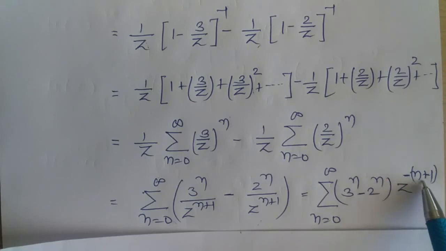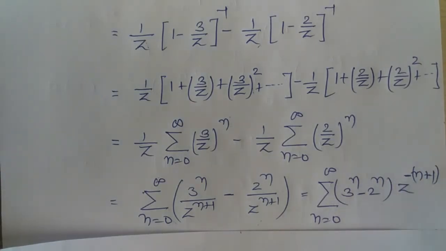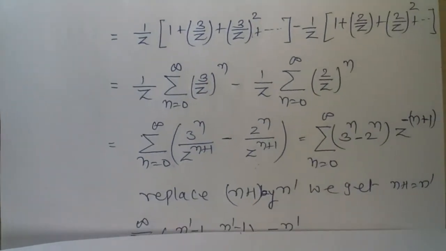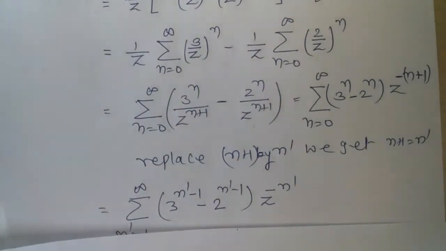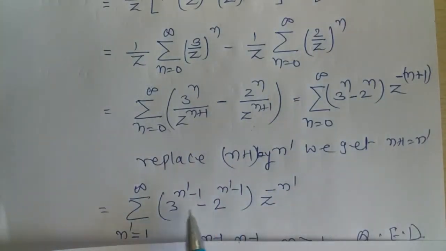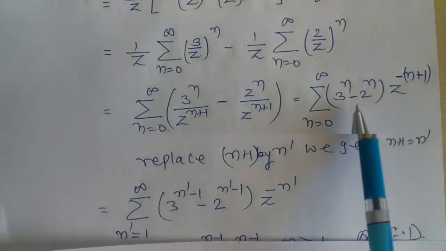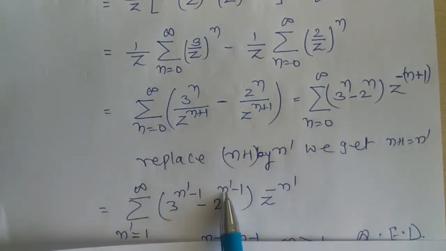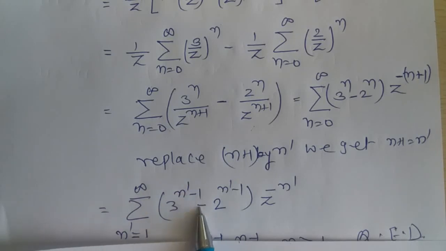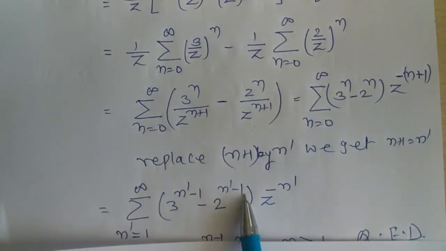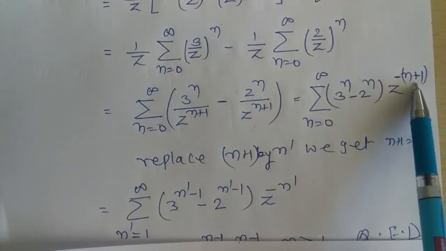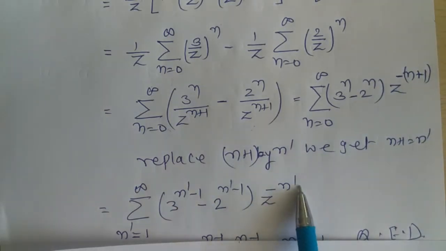So minus n, this n plus 1 we replace by n dash, then we get summation n goes from, value of n is n dash minus 1. So we get 3 power n dash minus 1 minus 2 power n dash minus 1 into z, n plus 1 is what? n dash, so we get z power minus n dash.